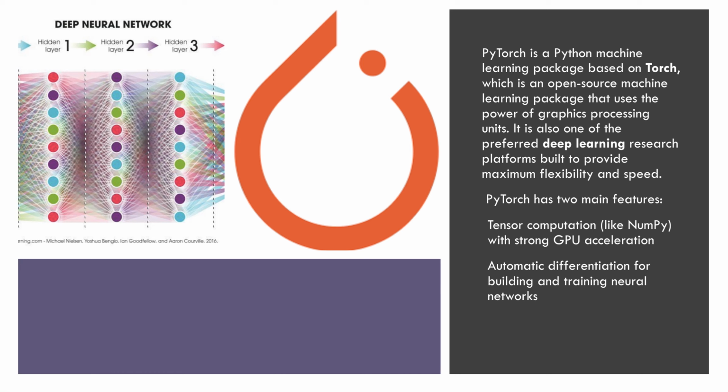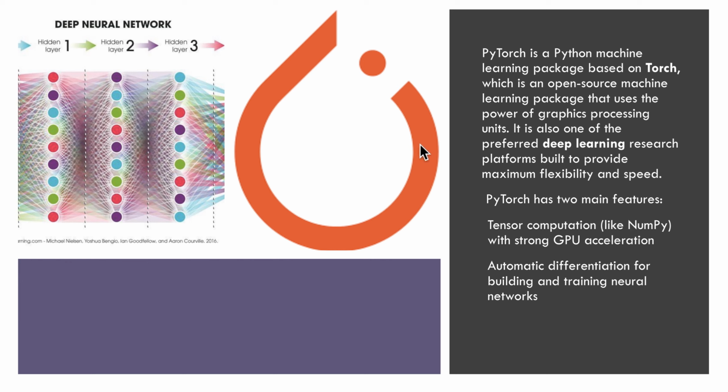And in case you can't get your Jupyter notebooks running, then I suggest you step back and actually get them running first. But it is based on Torch, and Torch is an open source machine learning package, and this uses the power of graphics processing units.